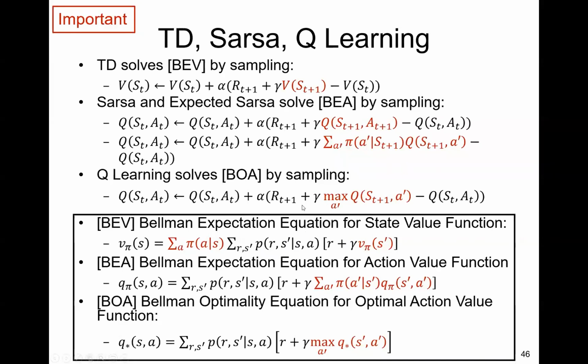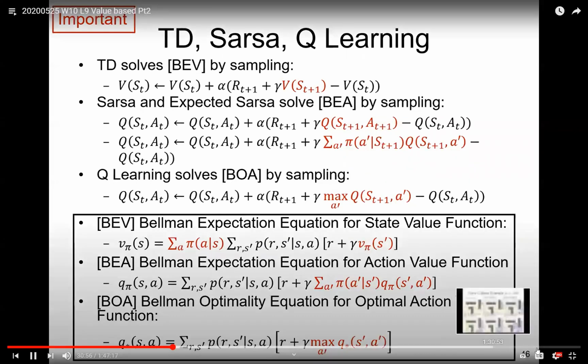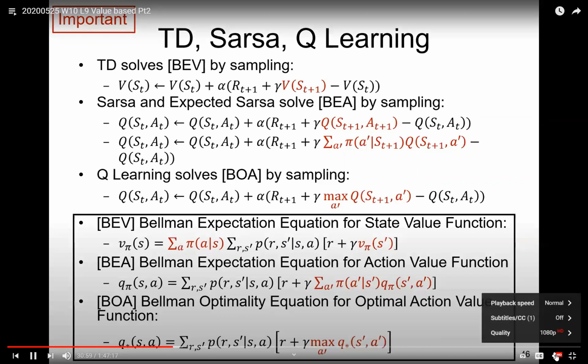Here, the capital S and capital R are the particular values at t plus 1 or t for state and reward. The small s and small r represent the generic random variables. I think the conventions may be a little confusing.